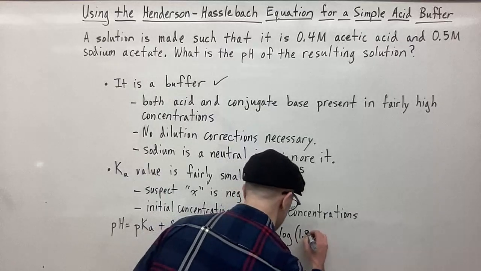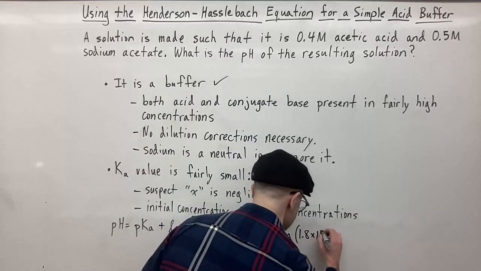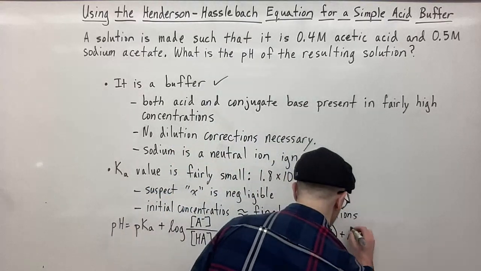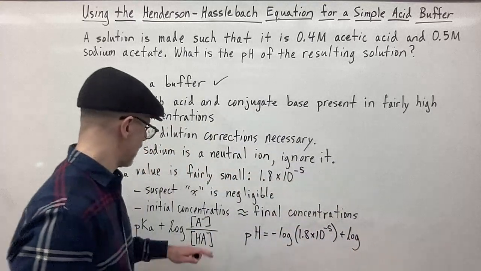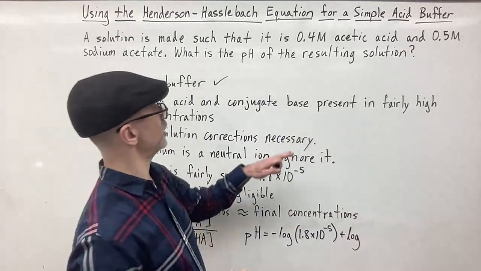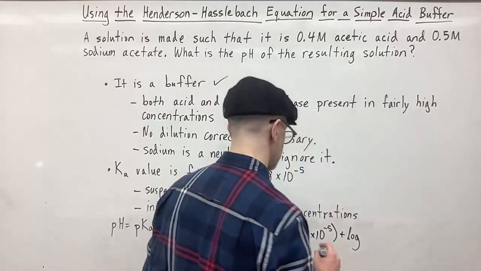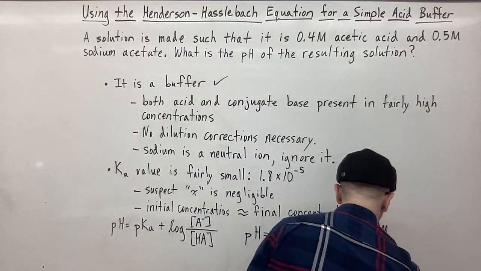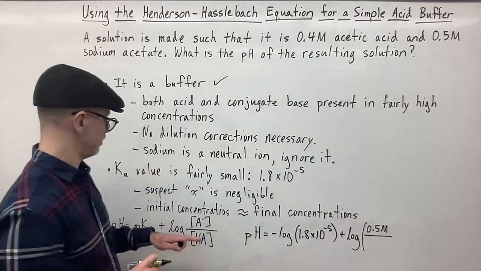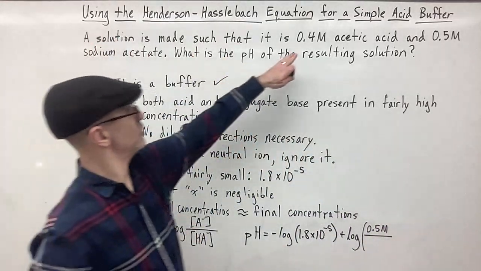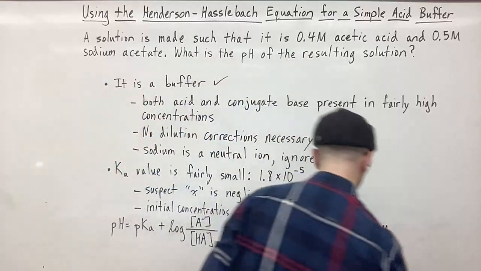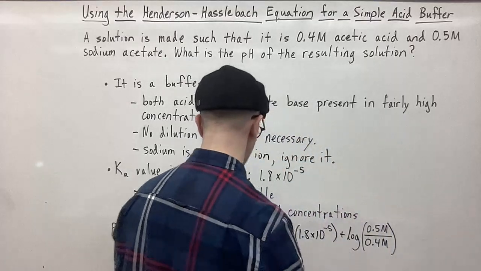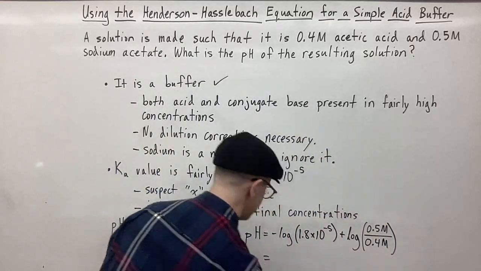Then we have plus the log of the concentration of the base, 0.5 molar, over the concentration of the acid, which is 0.4 molar.